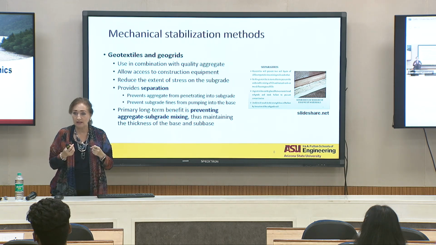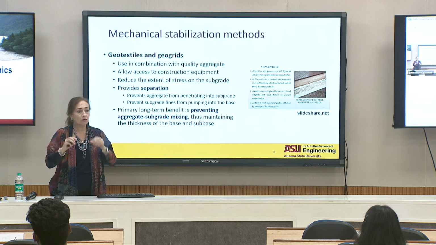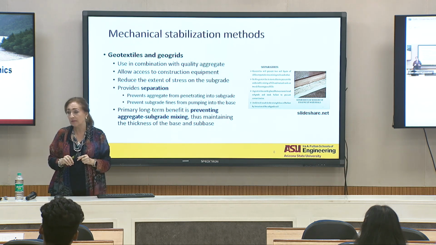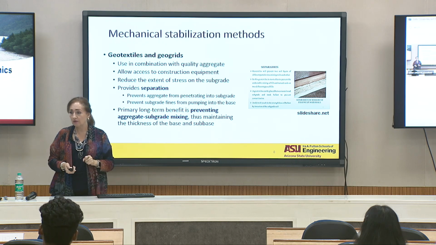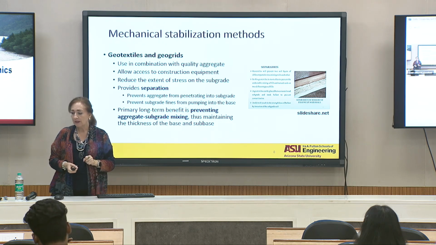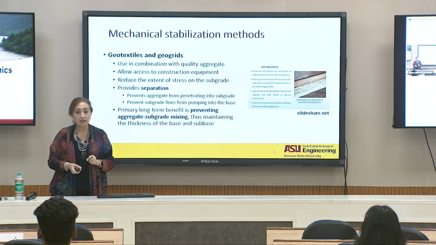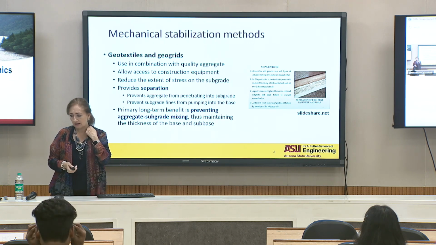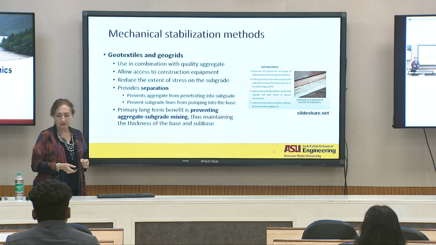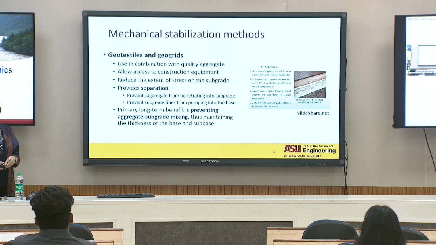They will accumulate water, and you're going to have water right below the asphalt pavement, or any sealing surface you have if it's an unpaved road, all right? So separation is a very important function of geotextiles. The primary long-term benefit is preventing aggregate-subgrade mixing and therefore maintaining the thickness of the base and subbase, cleaner.